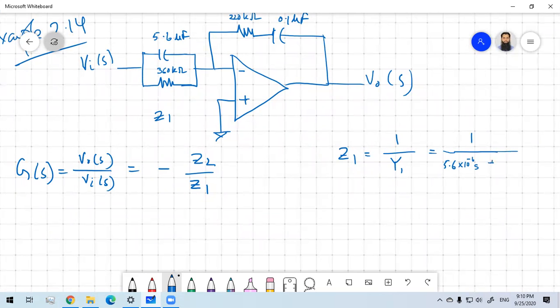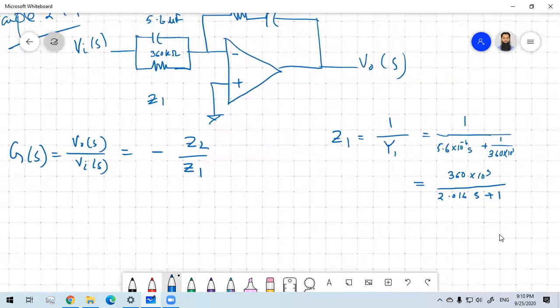Then you have to add the conductance 1 by R, so basically 360 into 10 to the power 3. All right, so if you simplify, then what you are going to get is 360 into 10 to the power 3 divided by 2.016 s plus 1.